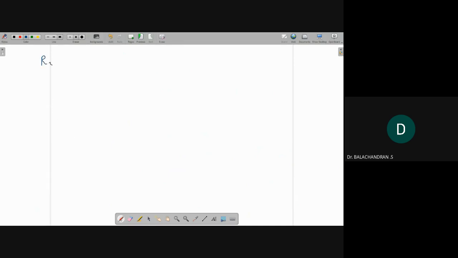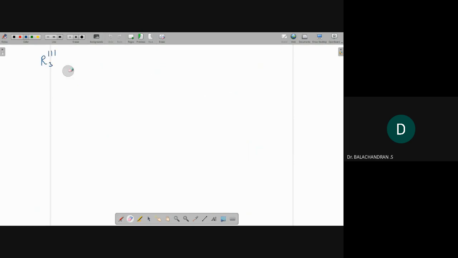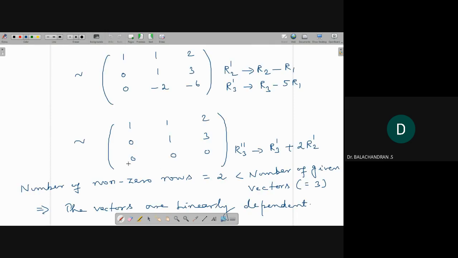R3 double dash is equivalent to 0, because that row is 0.